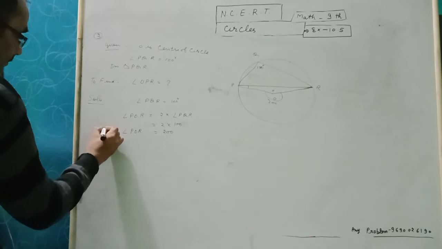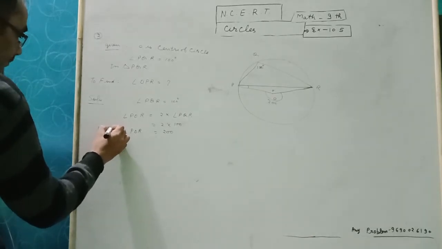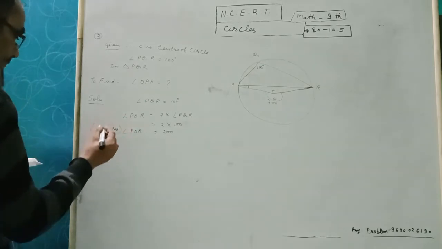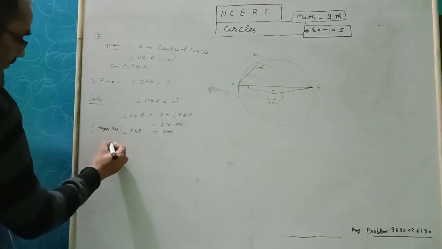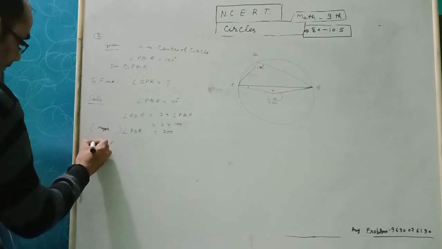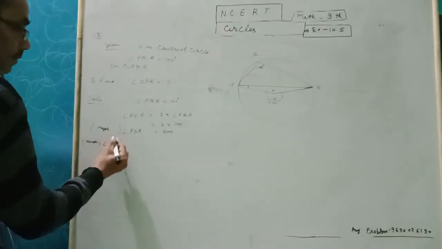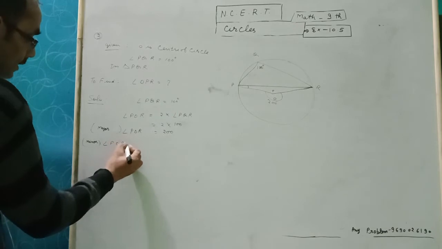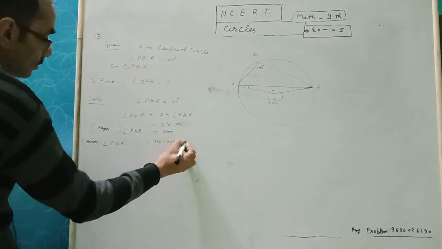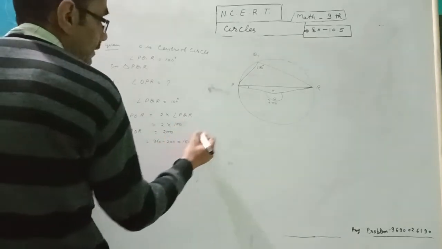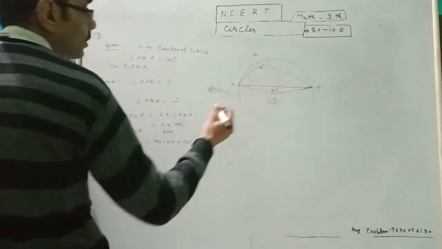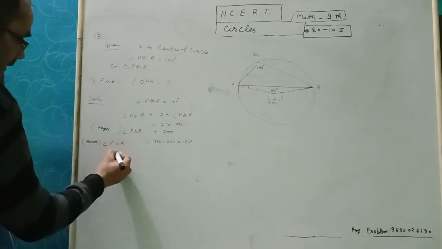Then we find the measure, minor angle OPR is equal to 360 minus 200 is equal to 160 degrees. So we find this angle is equal to 160 degrees.